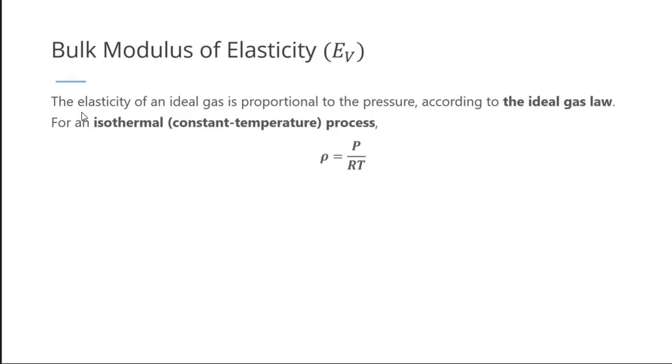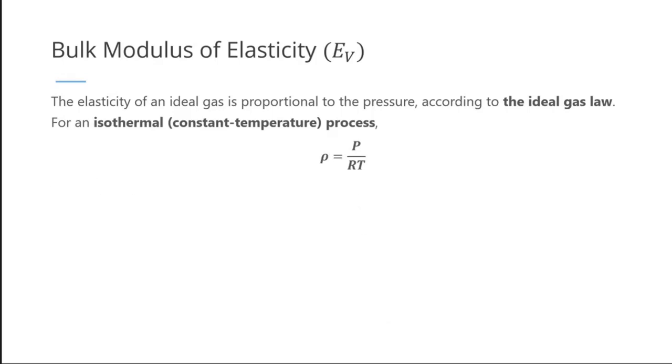So here, the elasticity of an ideal gas is proportional to the pressure. According to the ideal gas law, for an isothermal, constant temperature process. So, constant temperature. So, yung temperature hindi siya magbabago. Yung magbabago lang dito is yung pressure. Itong gas constant, yan, constant din yan.